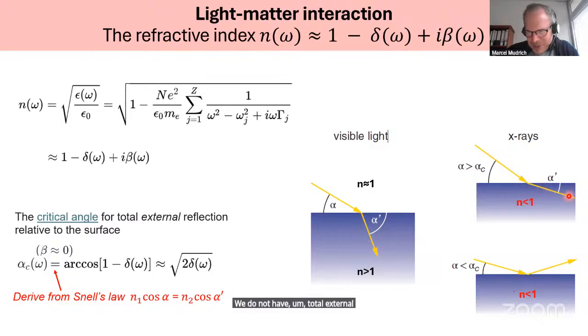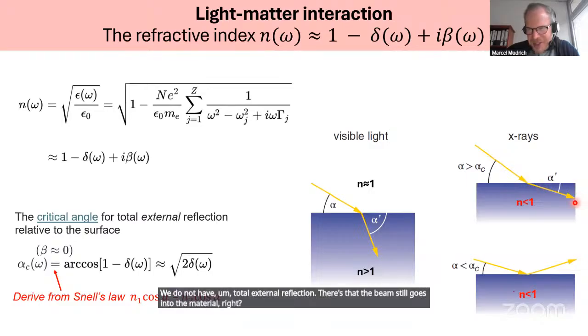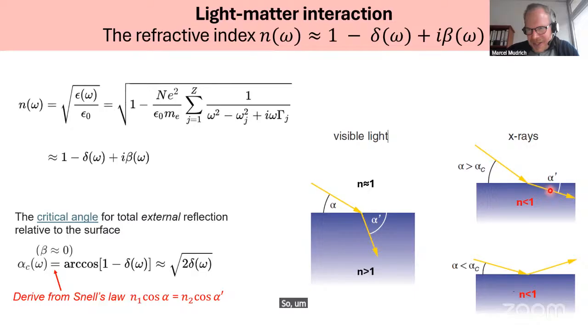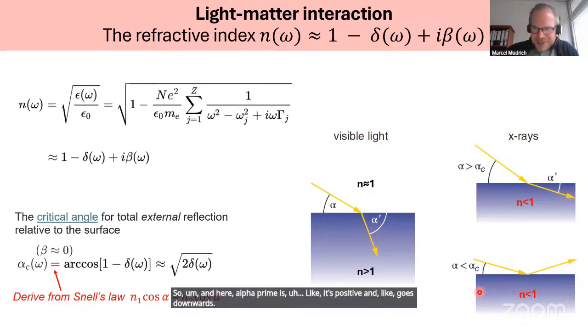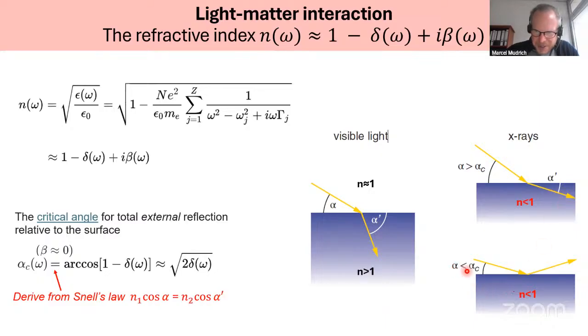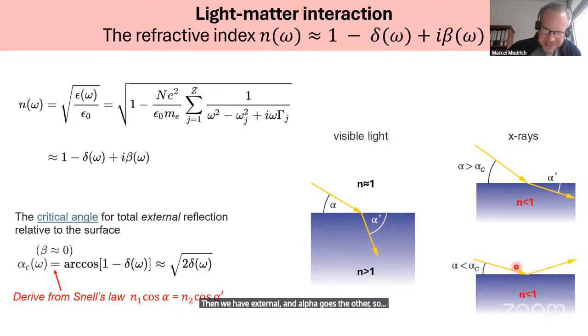The beam still goes into the material, so alpha prime is positive and goes downwards. When alpha, the incident angle, is smaller than the critical one, then we have total external reflection. So at the critical angle, alpha prime is exactly zero. Basically, the reflected beam travels just along the interface.